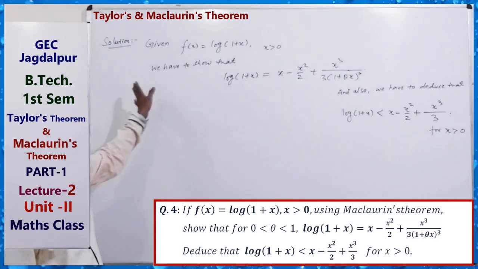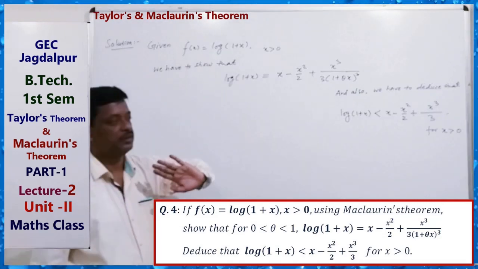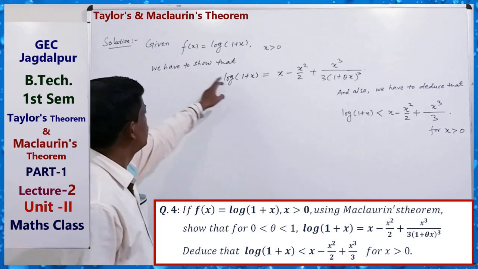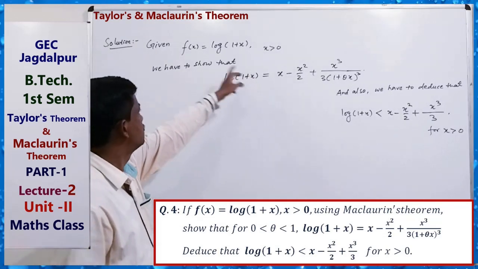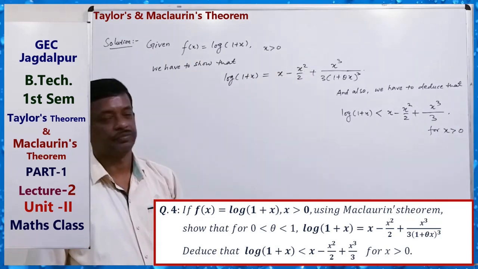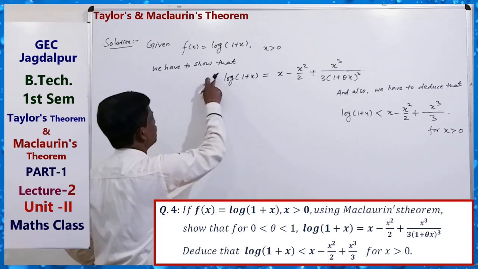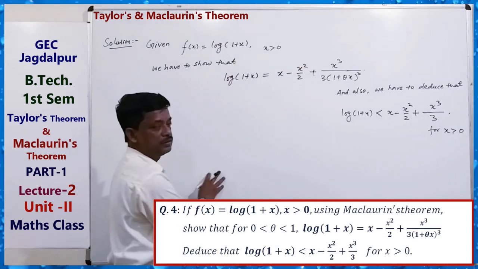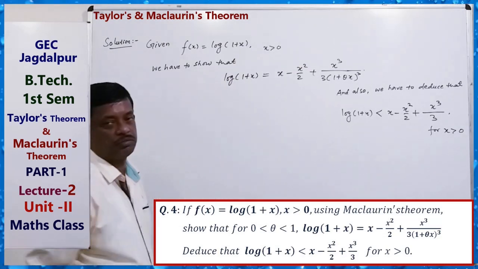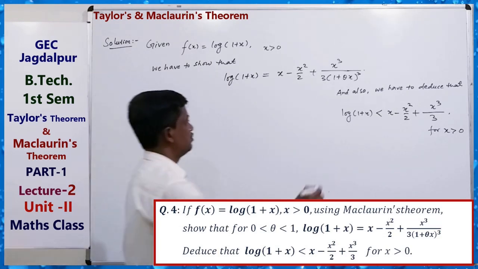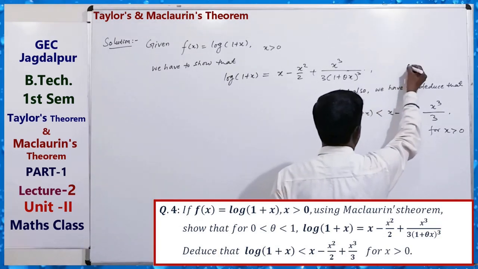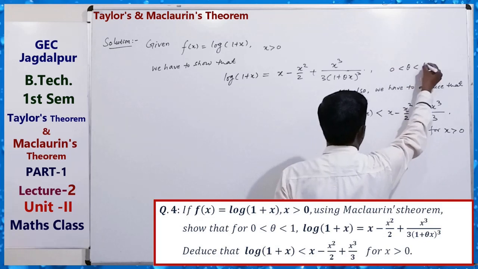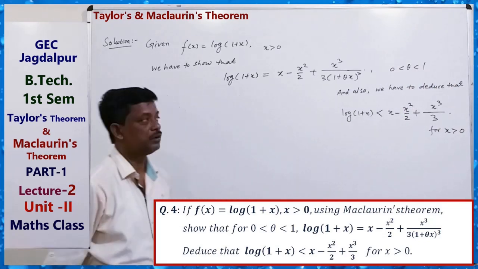Okay. So just this is given. We have to show that log(1 plus x) equals this by using Maclaurin's theorem, for theta lying between 0 and 1. Clear?